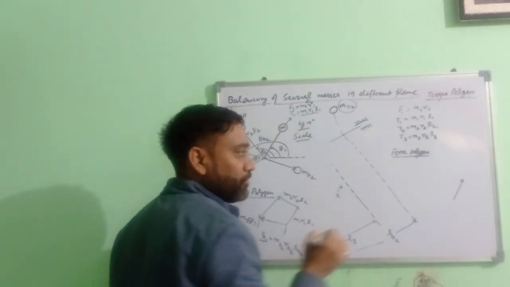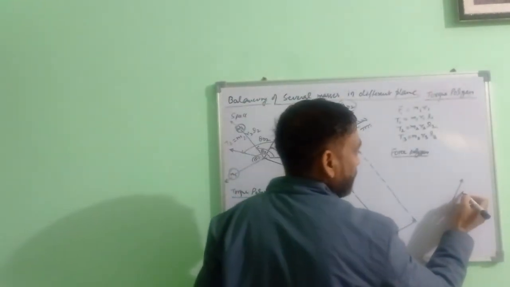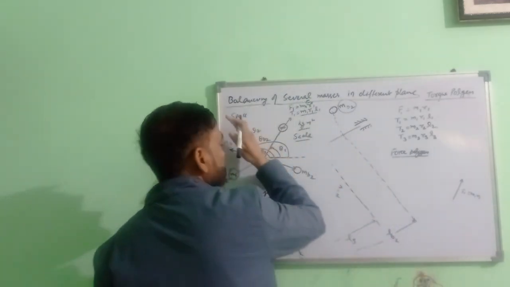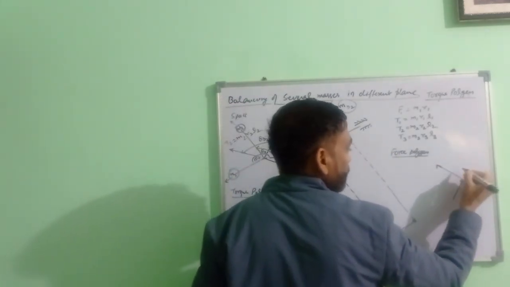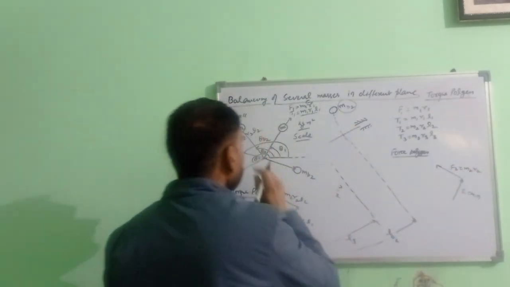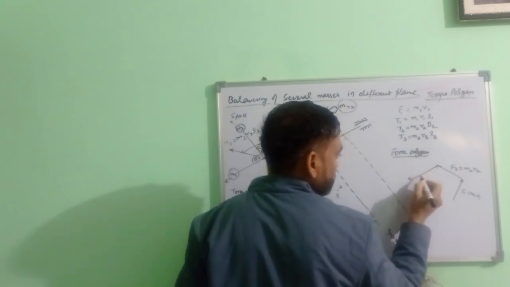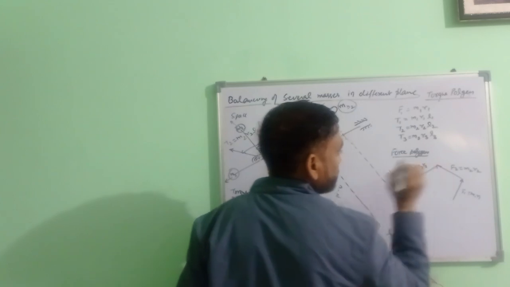We can find out the value and then convert into the scale, and this is F1. Another force is F2, we draw similarly to the previous question. This F2 equals m2 r2, and then F3 we draw, this is F3. F3 equals m3 r3.